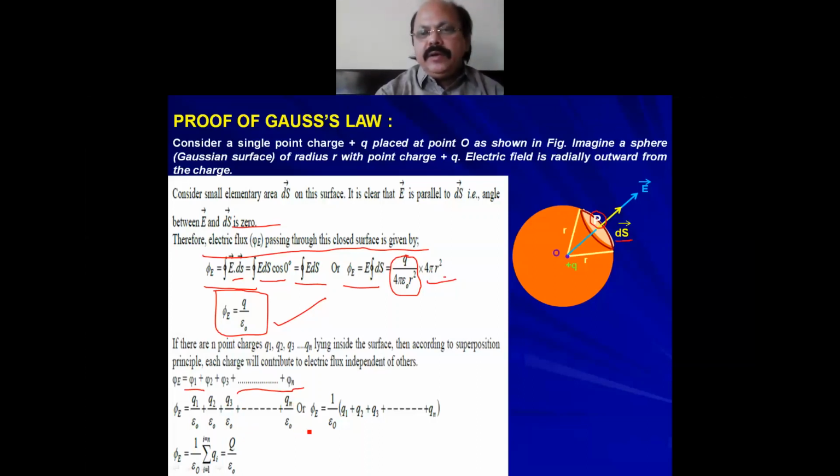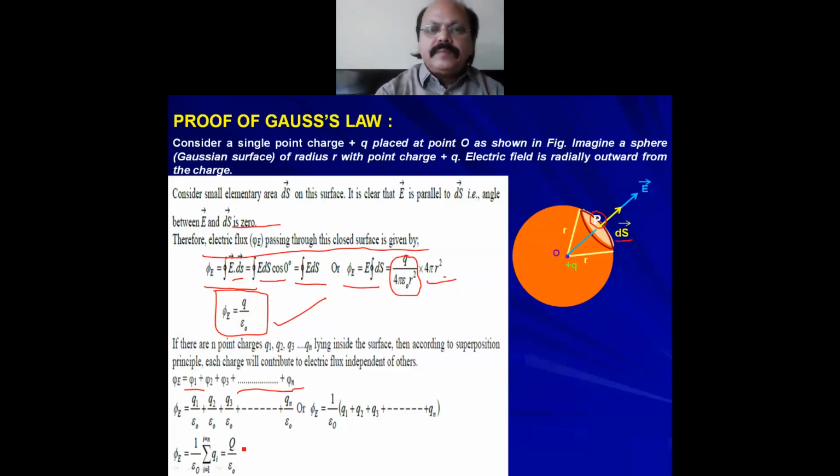You see here 1 upon epsilon naught is common. So phi E is equal to 1 upon epsilon naught, within bracket q1 plus q2 plus q3 plus so on qn. Then you can rewrite it, phi E is equal to 1 upon epsilon naught sigma i equal to 1 to n, qi, which is the total charge.